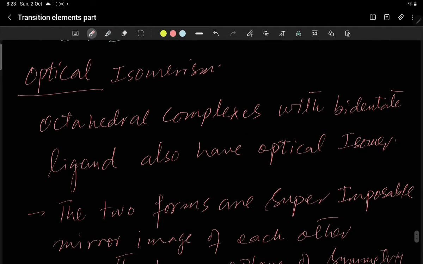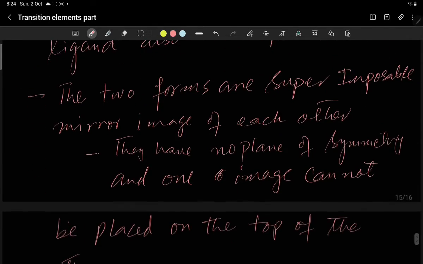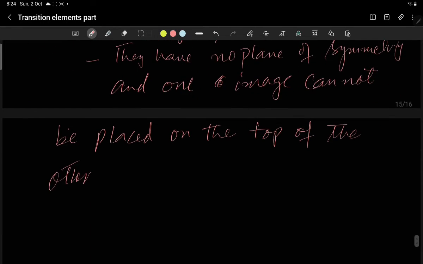Optical isomerism: octahedral complexes with bidentate ligands also have optical isomers. The two forms are superimposable mirror images of each other. They have no plane of symmetry, and one image cannot be placed on top of the other.